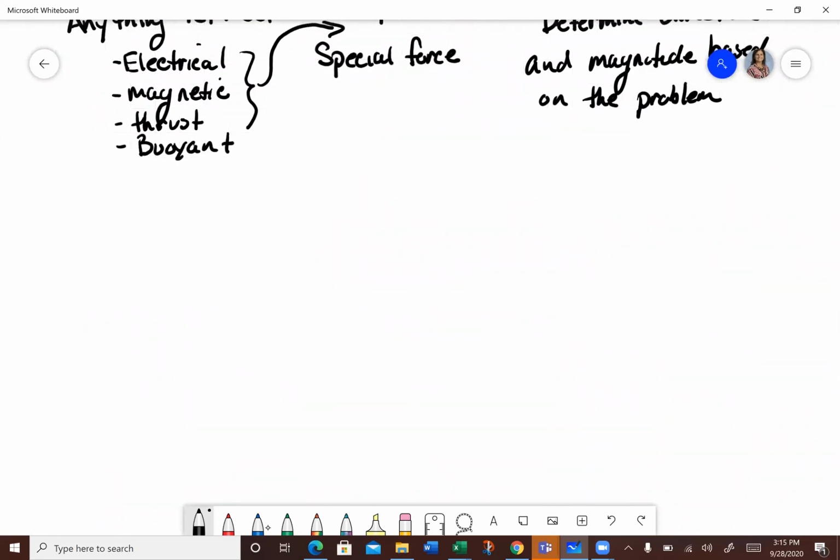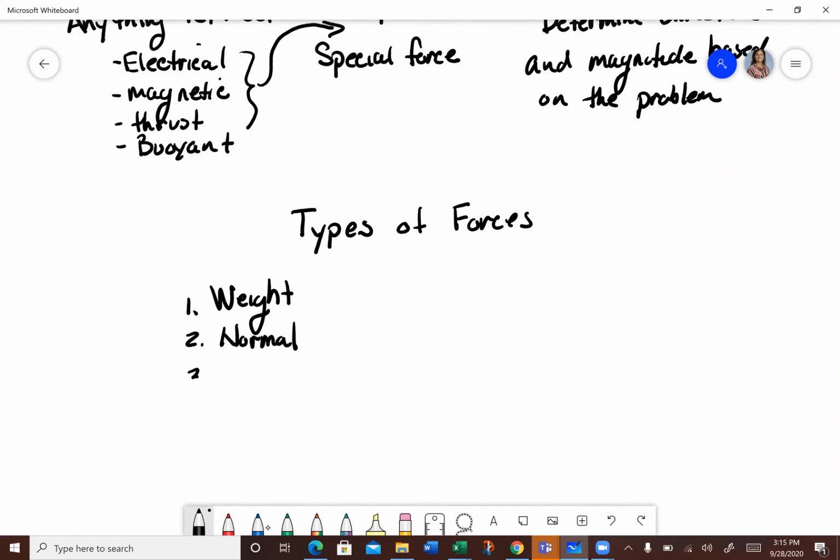So going back to all of our notes, if we were to eliminate the extra notes that went with this, our types of forces are: number 1, weight, which is due to the force of gravity. 2, normal force. 3, sliding friction.